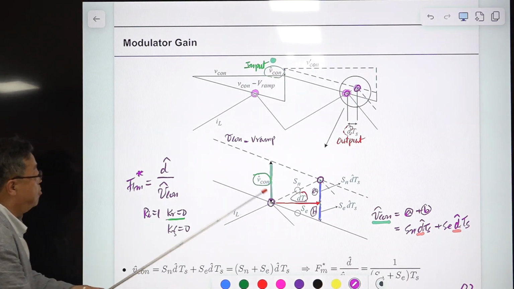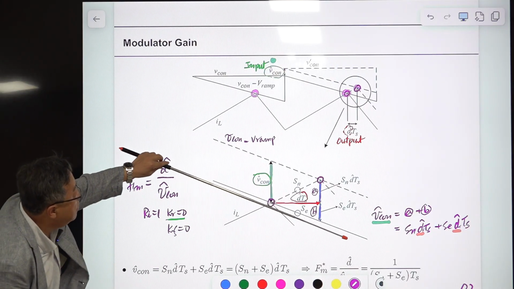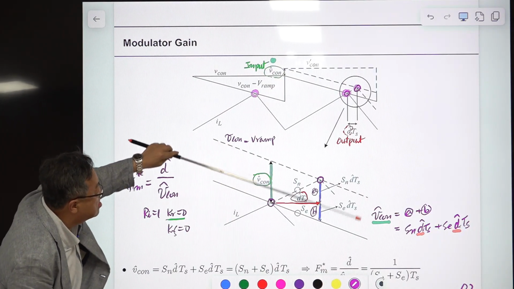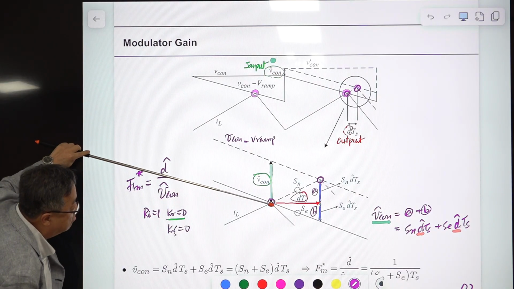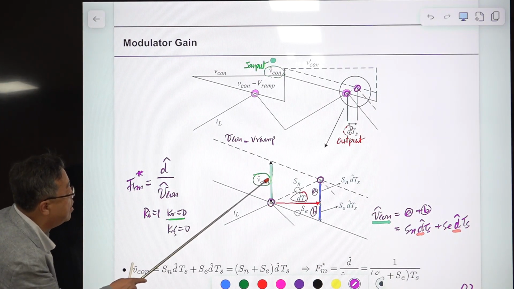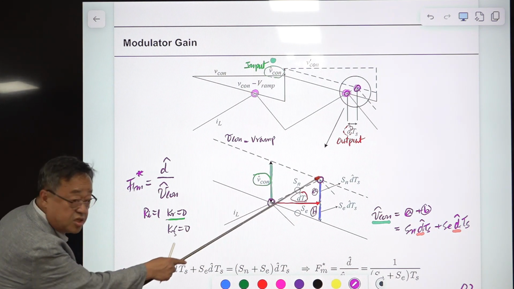When you construct this, this is the original one, Vcon prime is jumped here, and the distance is Vcon hat. Originally it was here, and the PWM point is moved to here. This is Vcon hat, and the length of this is the same.